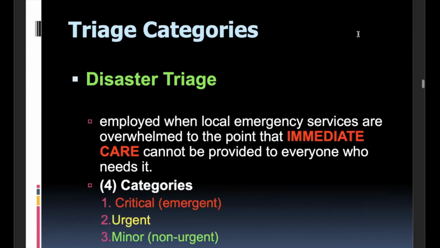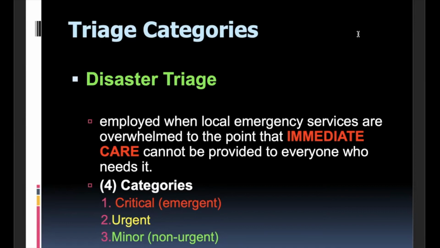Now let's move on to the next, the disaster triage, employed when local emergency services are overwhelmed to the point that immediate care cannot be provided to everyone who needs it. Okay, so maybe in this one the whole barangay or the whole municipality is already affected.